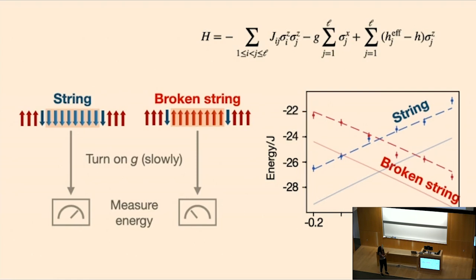And then, okay, if you measure the energy, what should be now this string or this broken string state, you actually see that as a function of the longitudinal field, there is indeed this level crossing.